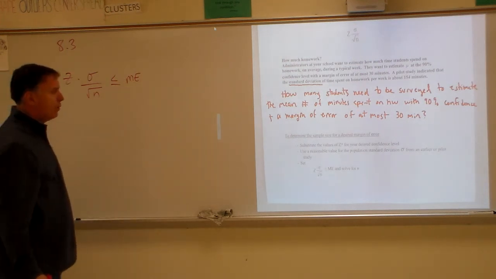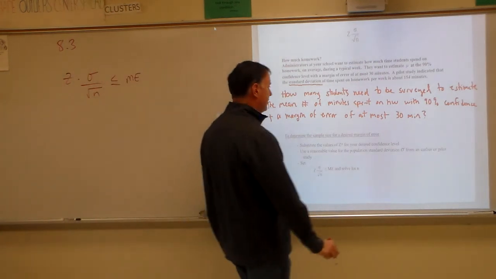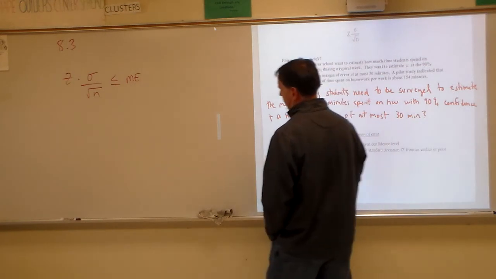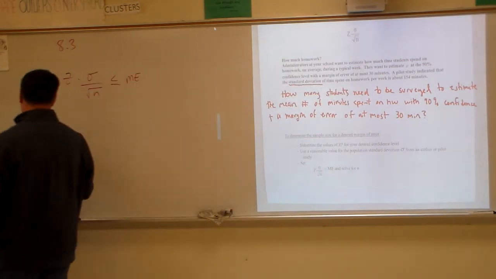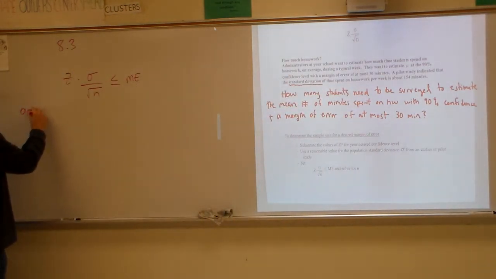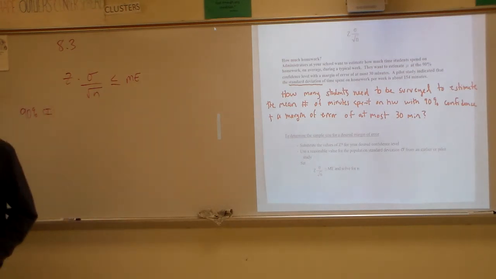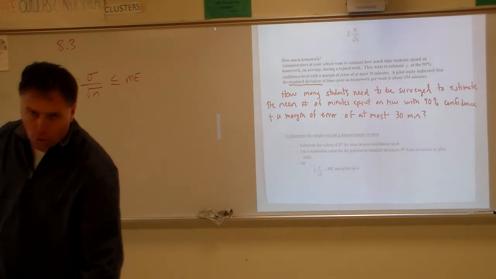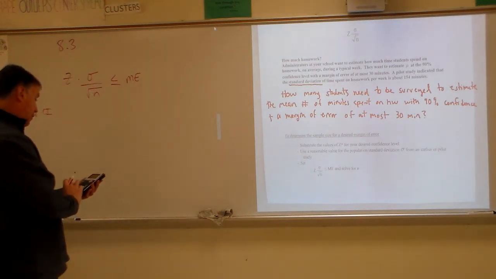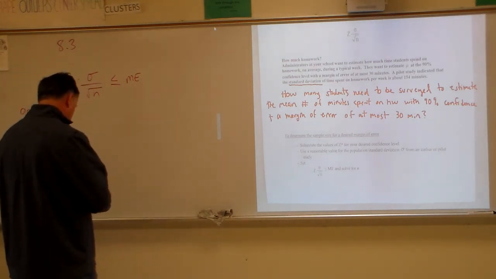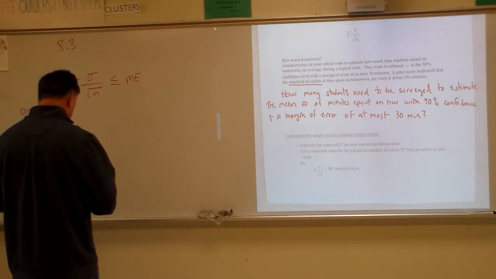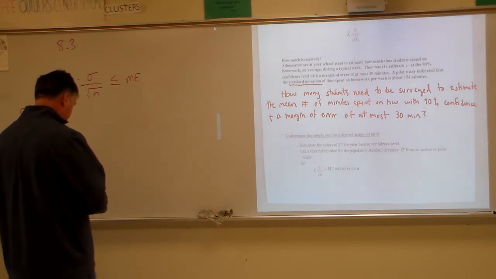Critical z, what do they want? They want a 90% confidence interval. So for a 90% CI, I need to figure out what I'm going to use for the critical z. So I go over here, and I hit second distr, go to inverse norm.